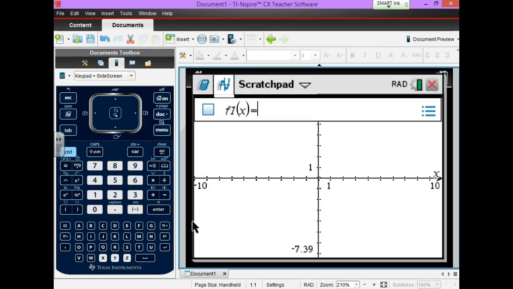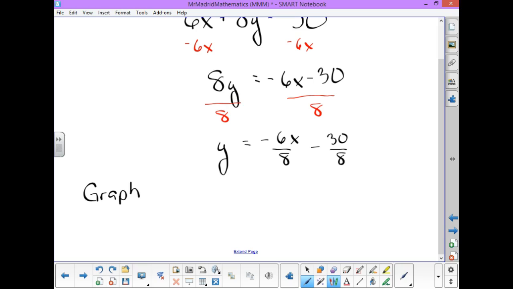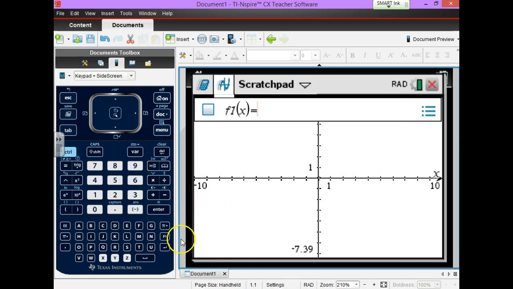Okay, and what are we putting in here? Minus 6 eighths x. Okay. Whoops. I'll put in parentheses here.